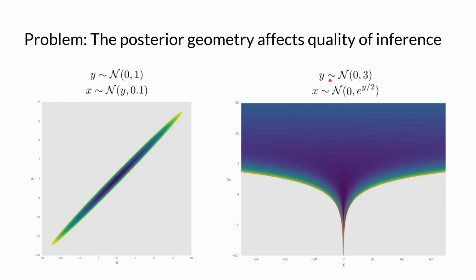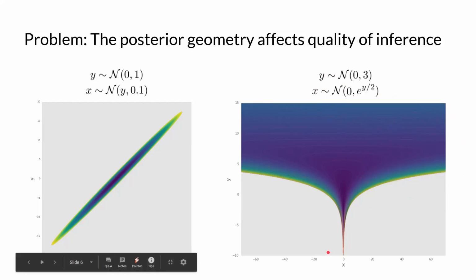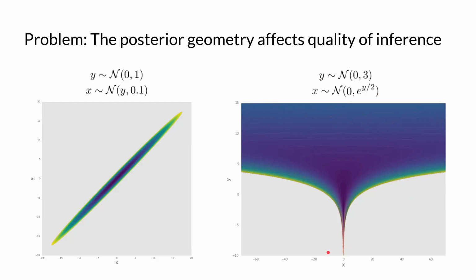The idea here is that there is a very strong nonlinear dependency between X and Y. The density looks like this funnel, where the upper bit of the funnel is very flat and the curvature there is very low, but in the funnel bit the entire density curves very strongly, and more strongly the further down it goes.